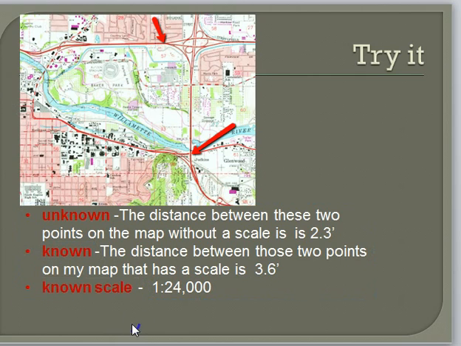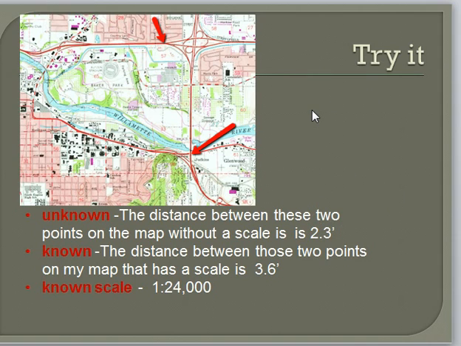So if I measure the distance on my topographic map between these 2 points, and I know the map scale is 1 to 24,000, and when I measure that distance, the distance is 3.6 inches. Okay, so this is what I know. Then I measure between these 2 points on the map that has a scale that I don't know. And the distance on the other map is 2.3 inches.